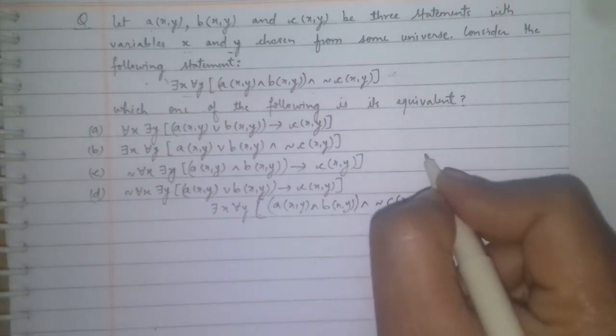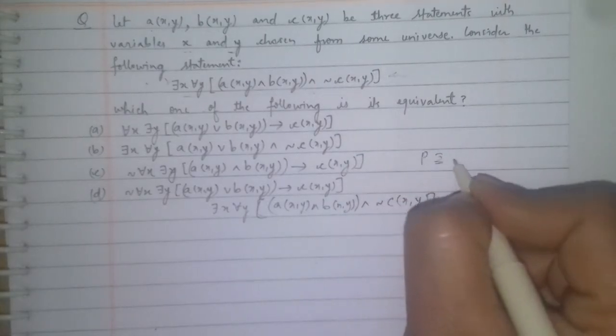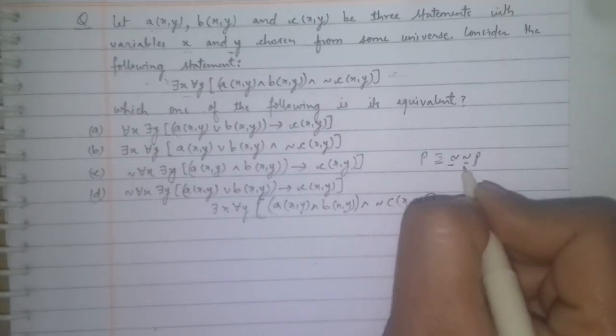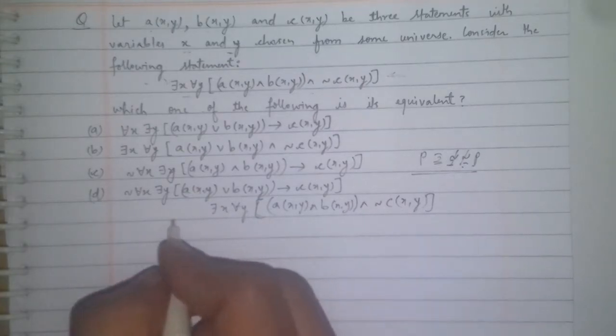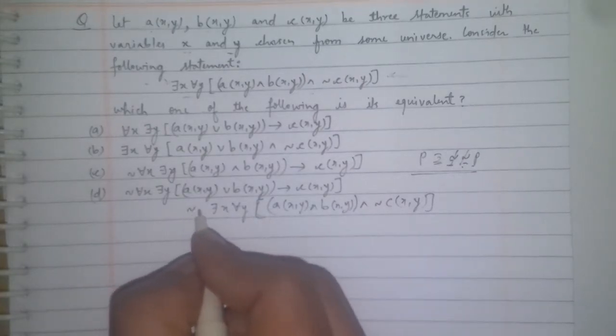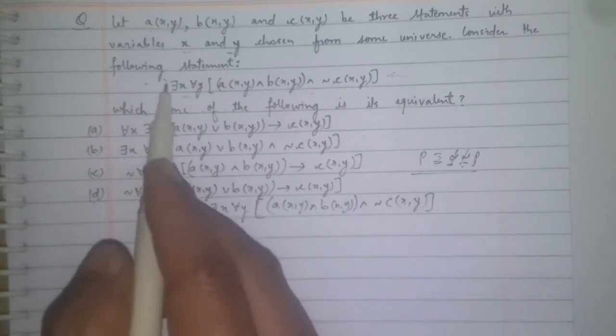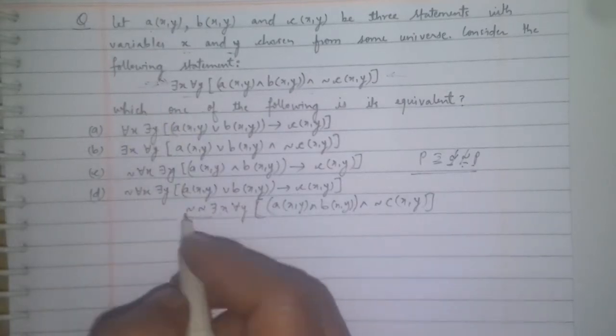Since we know that p is equivalent to not not p, because two nots before a p cancel each other out, we can apply two nots before this, because it is equivalent to the statement given in the question.